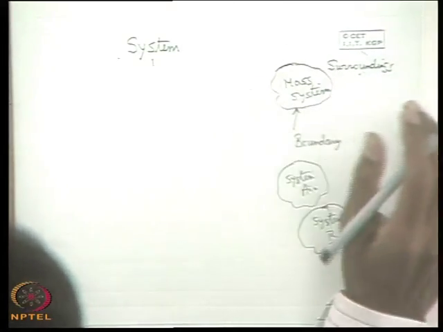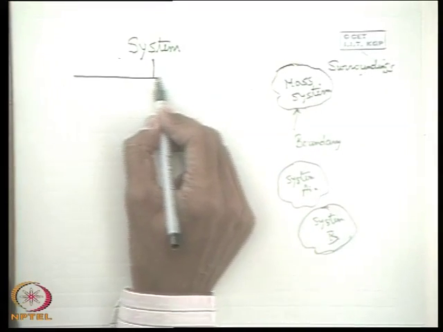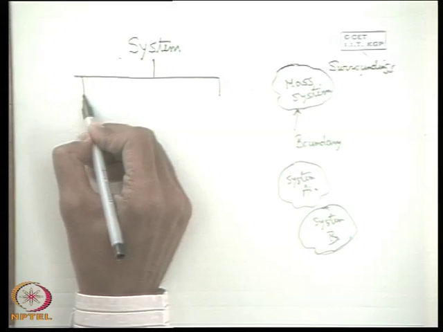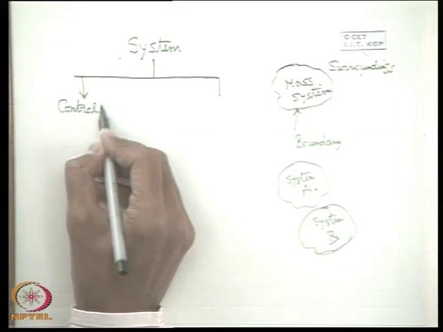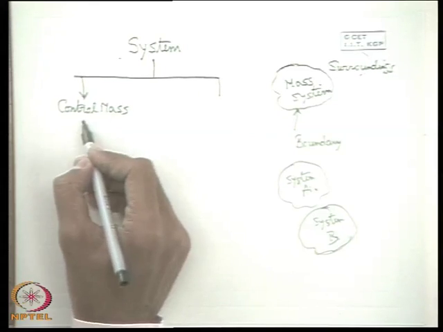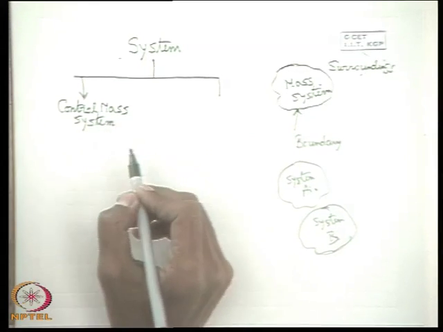But now with this characteristic feature, we can tell there are two types of system, which is very important. One is the control mass system. You will get this in my book, but rarely in any other book is it defined like this.